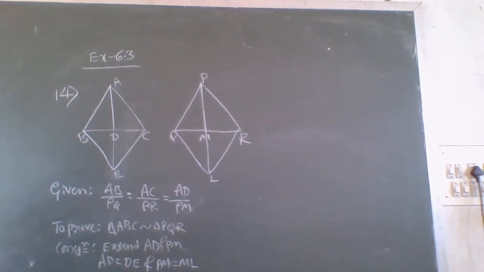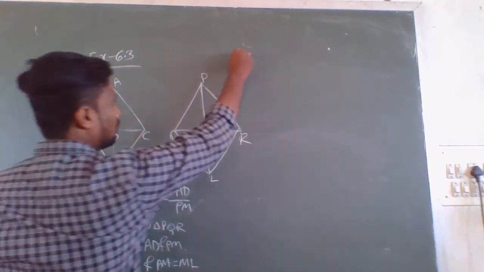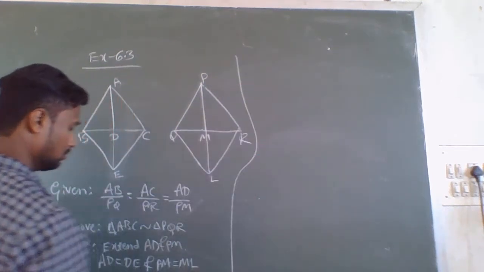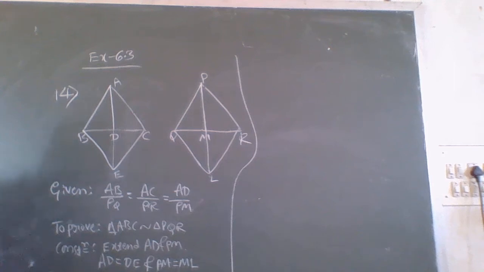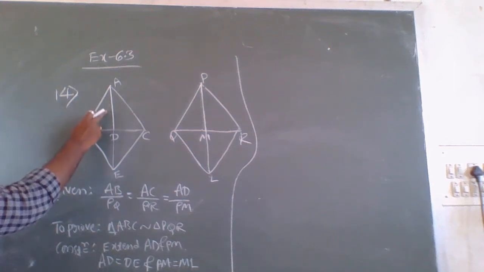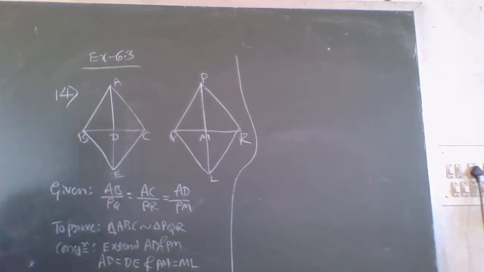Now we know that medians divide opposite sides. Here I will write: medians divide opposite sides. These two, AD and PM, are medians.